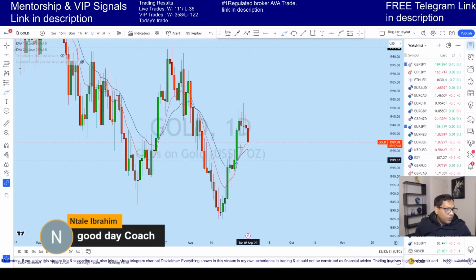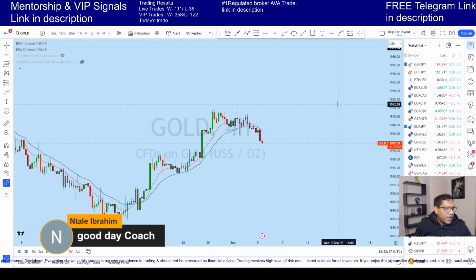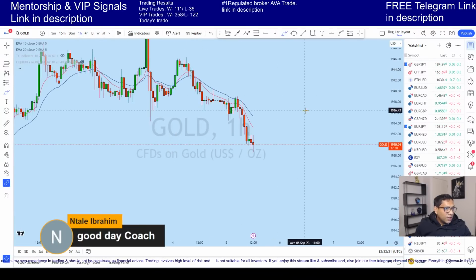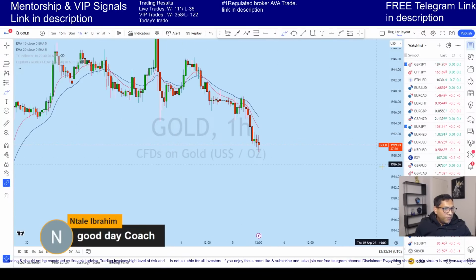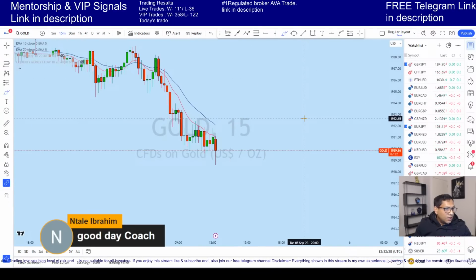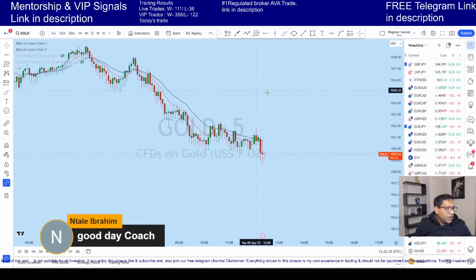From this level we have seen this local breakdown, so from this daily perspective and the lower time frame, the price is slowly creating this downtrending momentum.